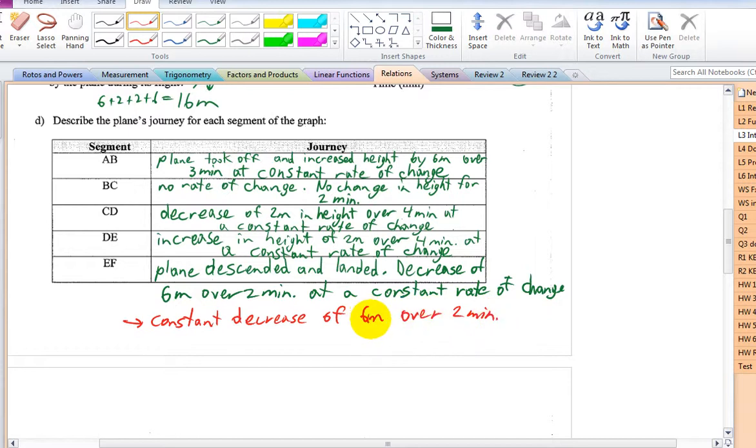Now I know that constant means a constant rate of change, but you have to make sure that you understand what you're writing. You can write things a little bit differently, but you want to talk about the slope. It wasn't an instantaneous decrease, but a constant decrease over how long. And the plane taking off and landing is important stuff that you should tell as well. So we know we're back down at 0. Okay. Any questions?